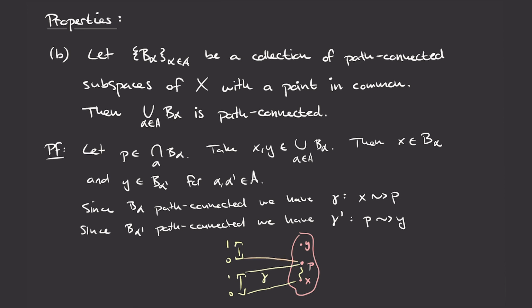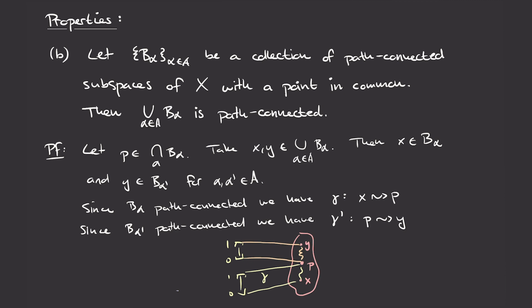And gamma prime is a path going from P to Y. And we'd now like to first take the path from X to P, and then take the path from P to Y. So essentially what we'd like to do is glue these two intervals here together, and then just go from here all the way up to here, and map that to this path in the space union of the B alphas.